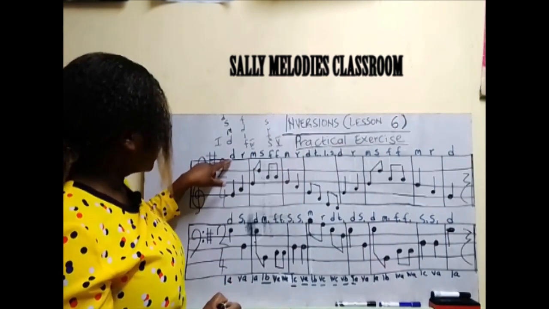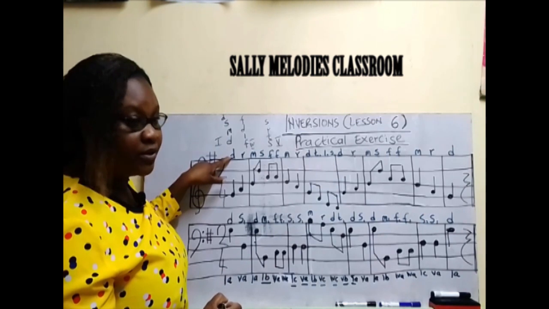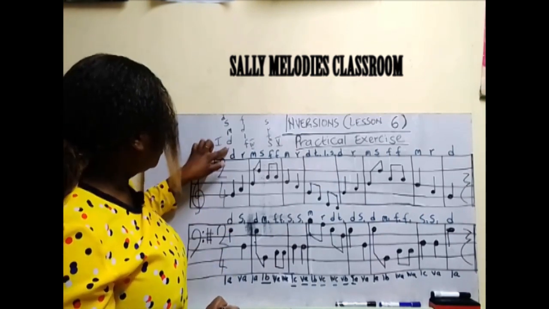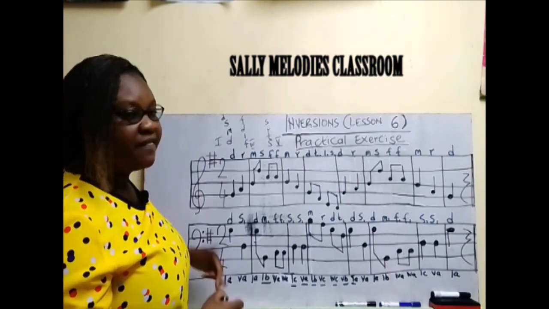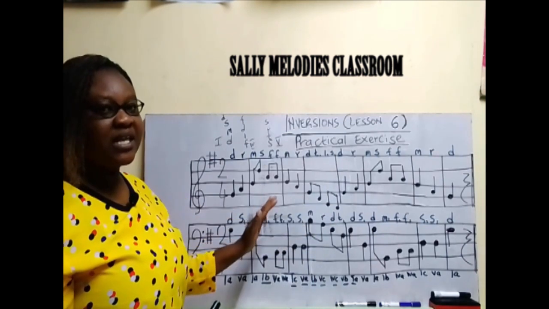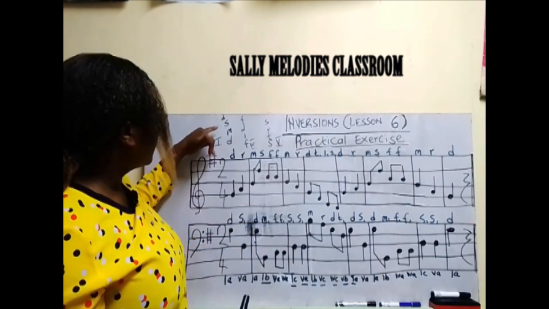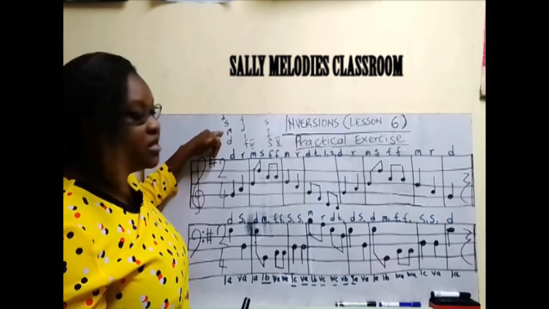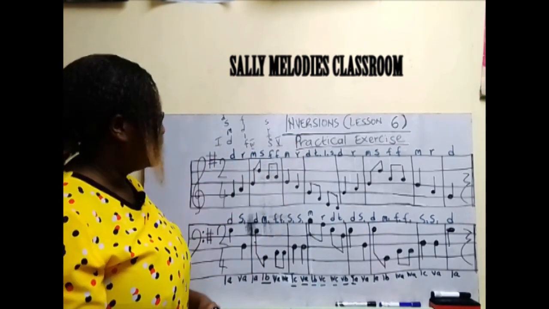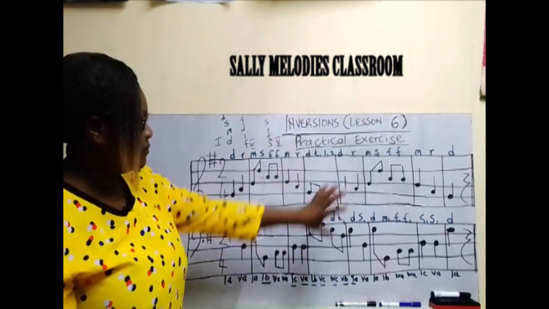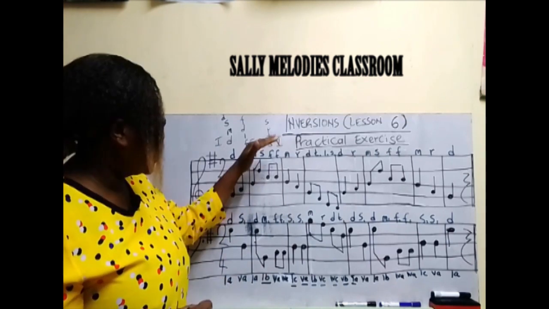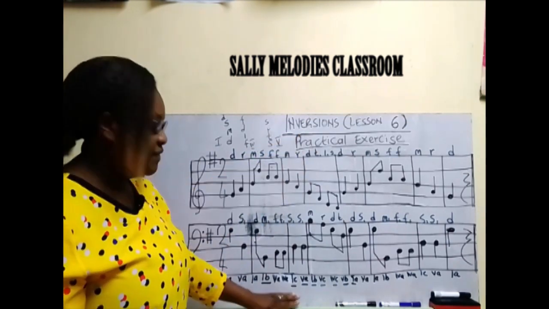If he has used a do on melody or soprano, and then he has used the other do for the bass, then automatically you know that the rest of the voices, the inner parts, the alto and tenor, obviously have a so and a mi. So for the inversions, I don't need that because I don't want the staffs to be so crowded. I only want you to focus on the melody and the bass voice.